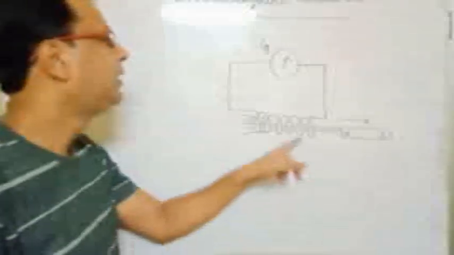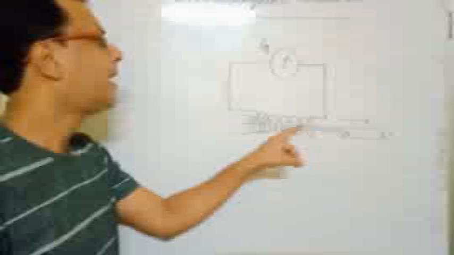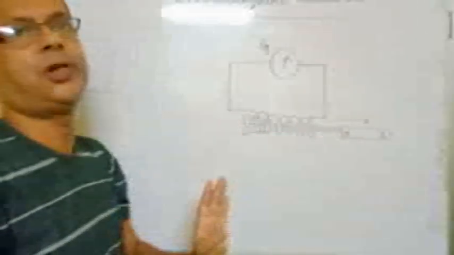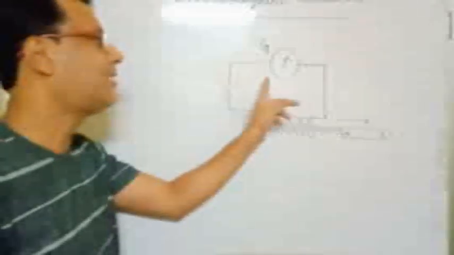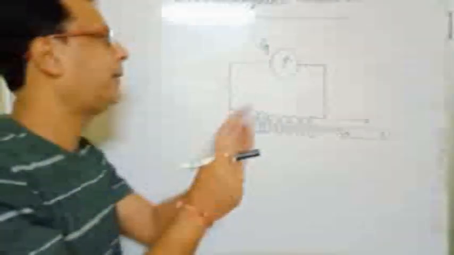Then only EMF is generated. Number two, the current is induced so long as the flux linked with it continues to change. So the current is generated as long as you move it. You move it forward or backward, only in that particular time the current is generated.